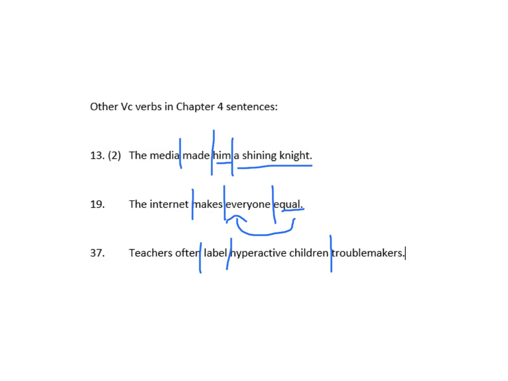So what do we do with our complements that come after the verb? Teachers often label hyperactive children to be troublemakers. The children, they're not necessarily troublemakers, but they are labeled as troublemakers. And so again, you get that sense of there's an identity between the two things.